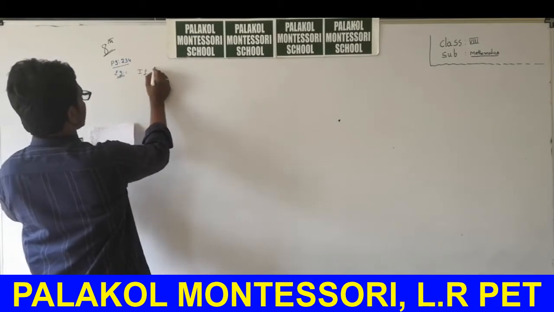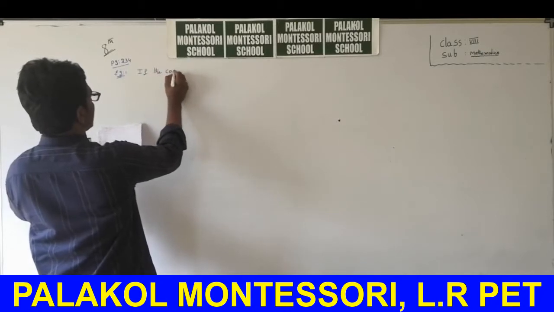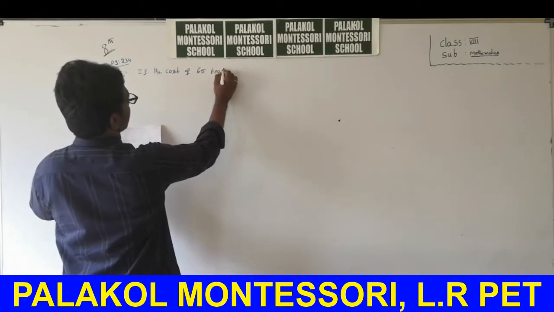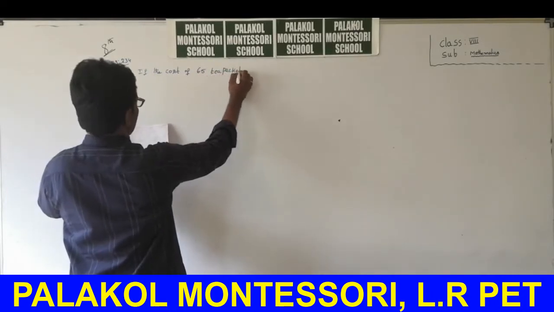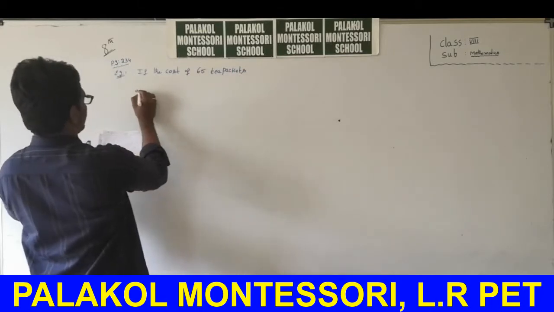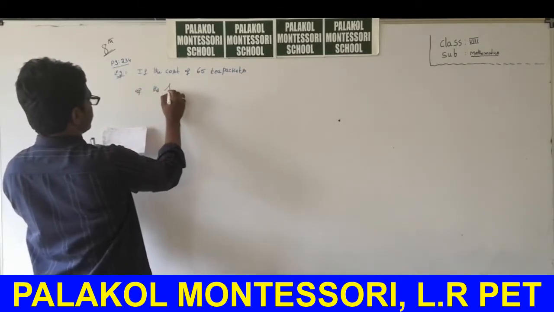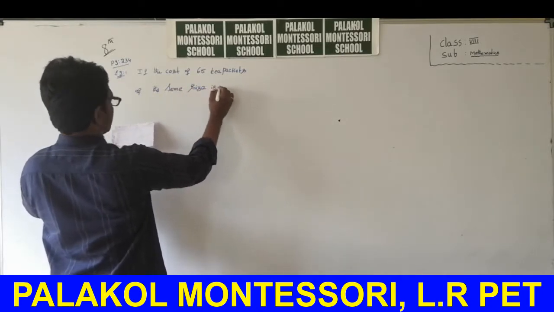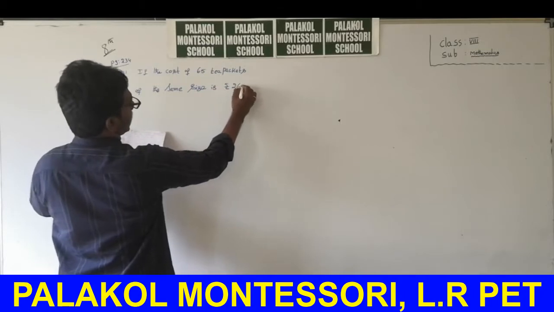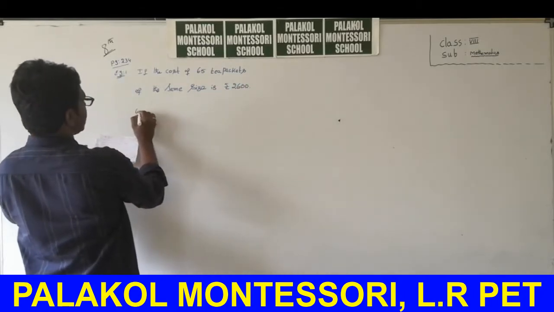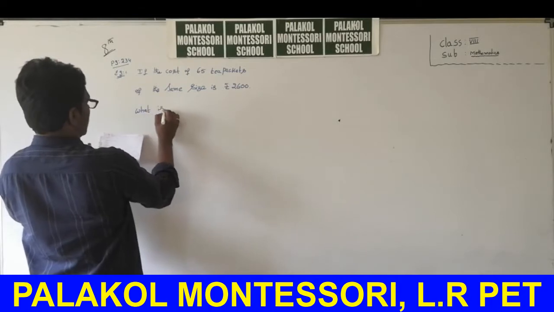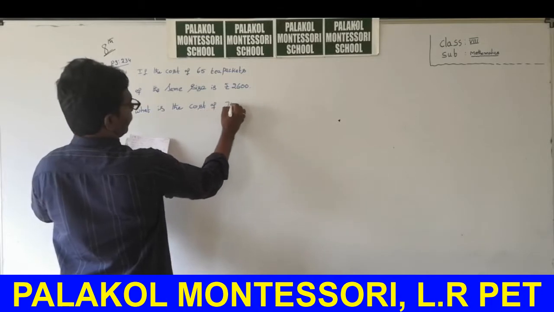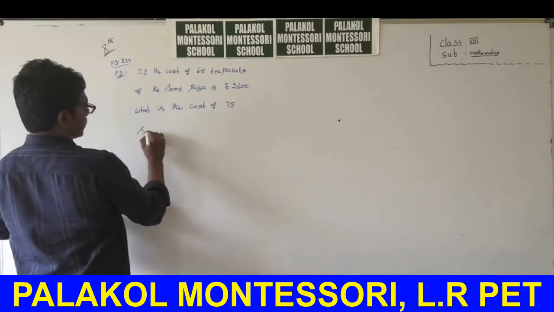If the cost of 65 tea packets of the same size is 2600 rupees, what is the cost of 75 such packets?